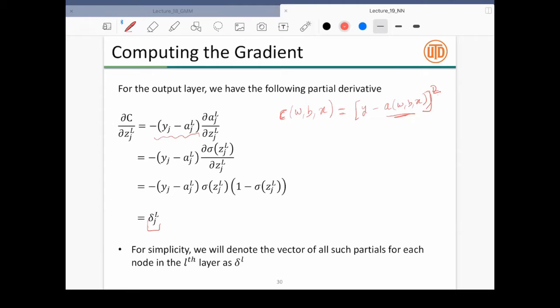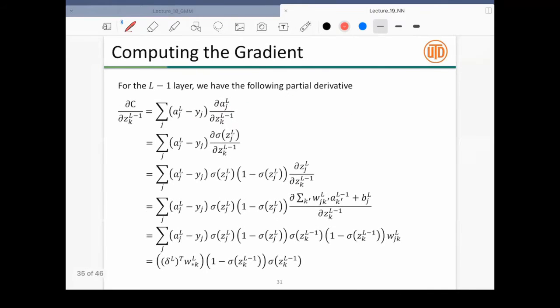So we start at the layer L, and this is the gradient with respect to layer L. Now recursively, assuming that you know the gradient at layer small l, can we compute the gradient at layer L minus 1? Here we have explicitly derived the gradient with capital L minus 1, but the same thing will hold even with respect to small l minus 1. So you can use the same argument recursively.